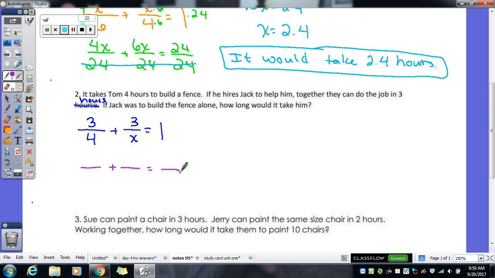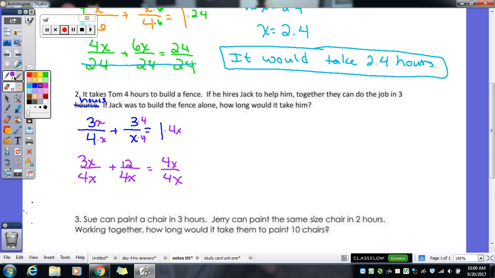Again, just multiply them together if you need to. So that first fraction we would have to do times x, so I get a 3x there. Our second fraction we would have to do times 4, so that would give me a 12. And the 1 would have to be times the whole thing, 4x.